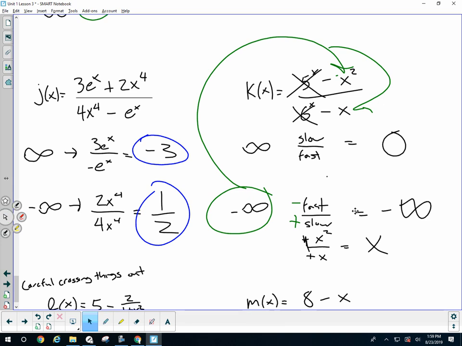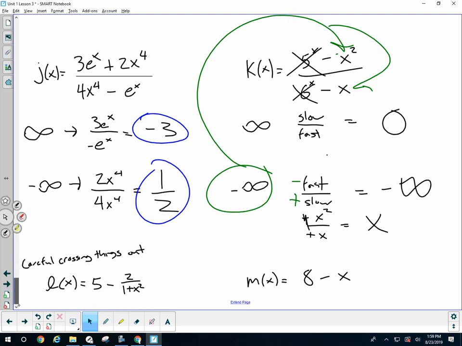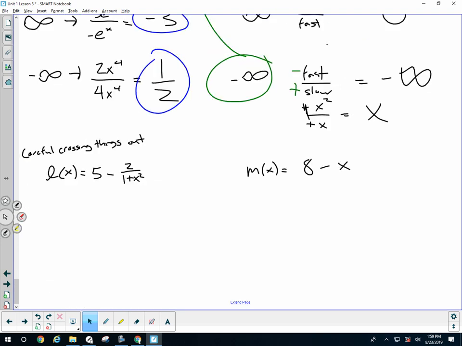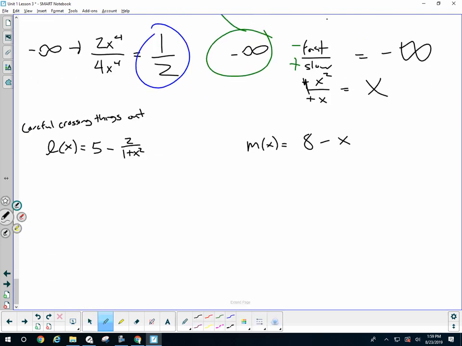Okay, great. Please be careful crossing things out. A lot of students see this 5 and they're like, oh, insignificant, it's gone. It's actually very significant. Because what happens if I look at this as x approaches infinity? What do I get?